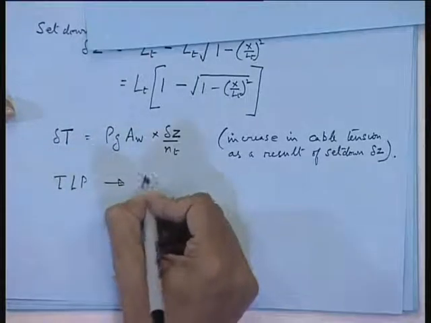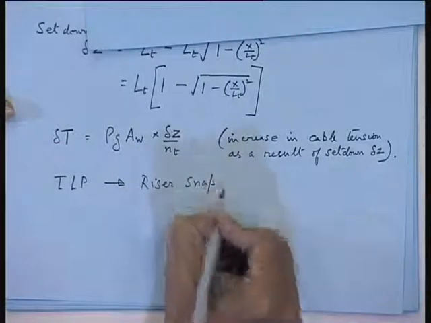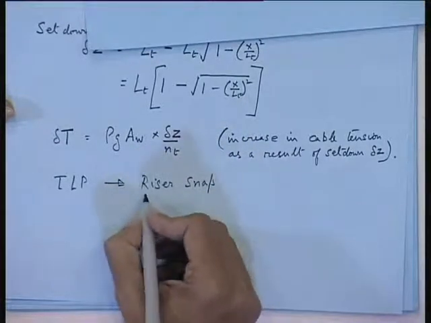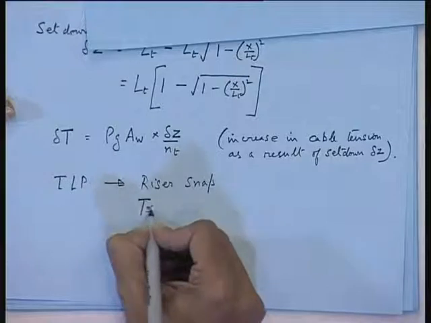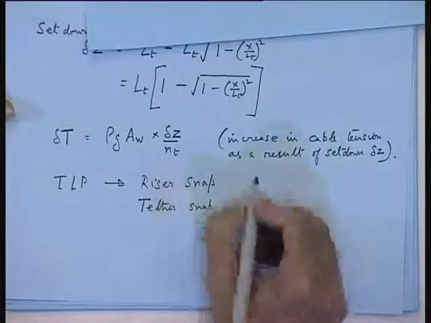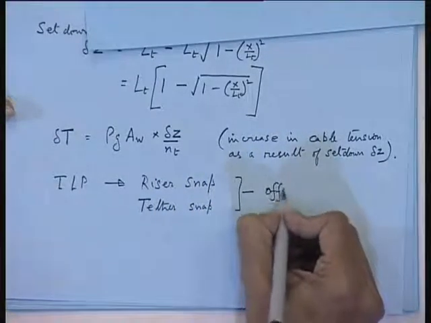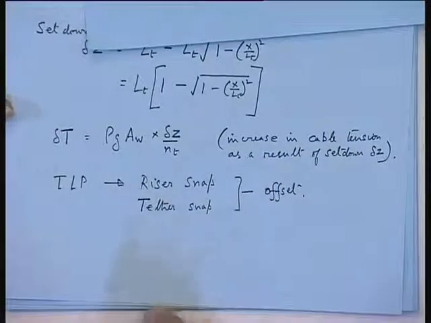One is riser snap and tether snap. So, these two things will occur because of TLP offset. So, TLP offset is normally you have to limit.